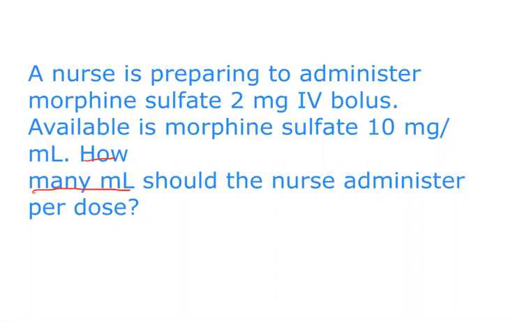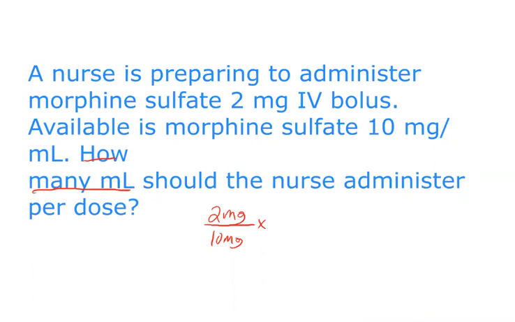So in order to keep it simple for these types of problems, which are just your basic parenteral, I think that's how you pronounce that word, medication dosages, you take your order, which is the 2 milligrams, you divide it by what you have available, which is the 10 milligrams, times how many milliliters.